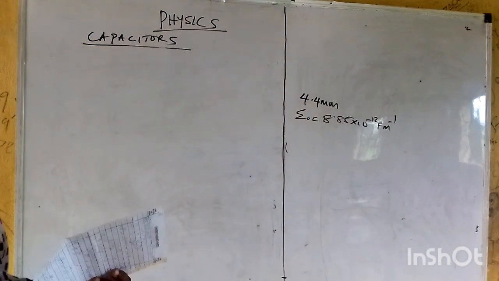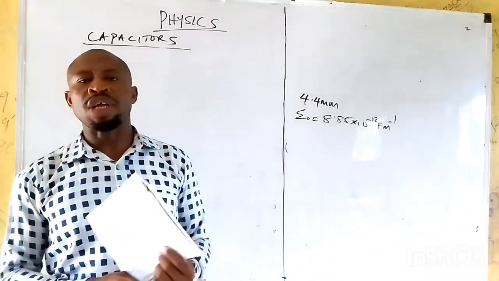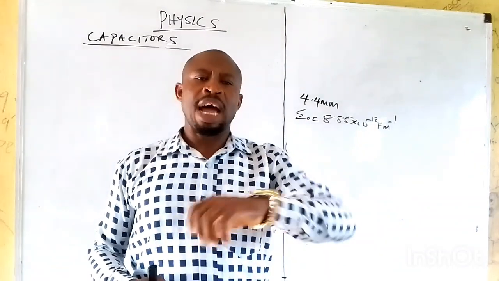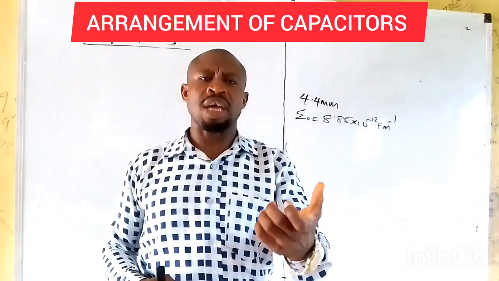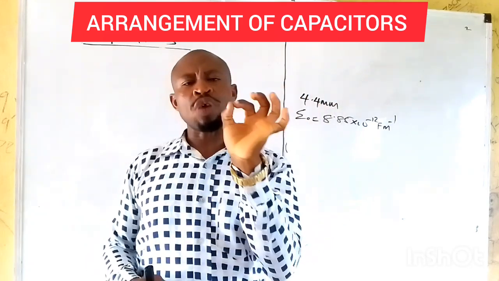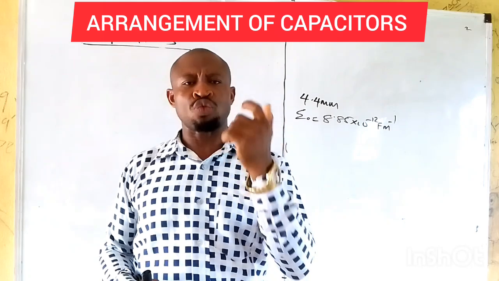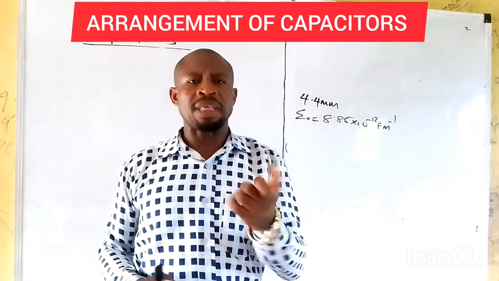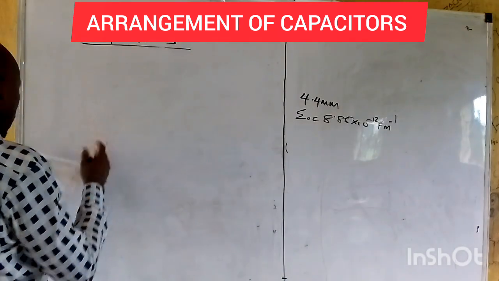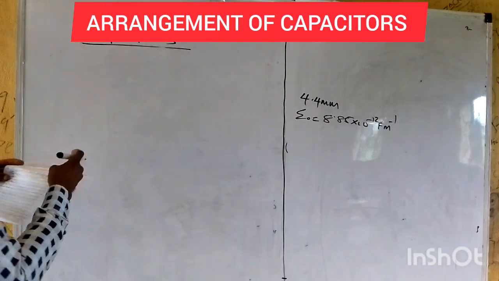Capacitors can be arranged either in series or in parallel. Now, if it is arranged in series, there are certain things we need to do. There are certain parameters we need to take into place. Now, we have the series and the parallel arrangement.